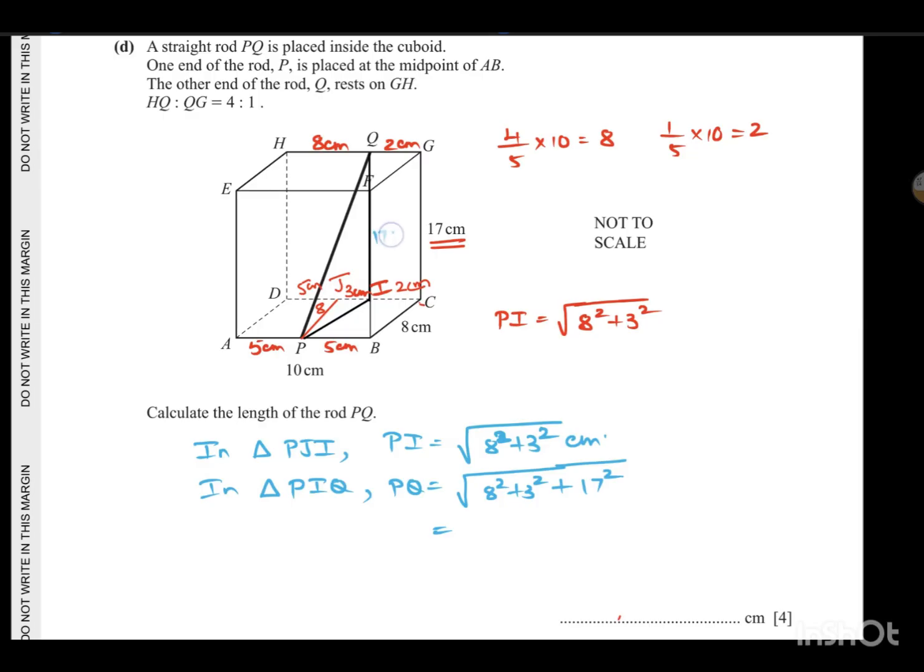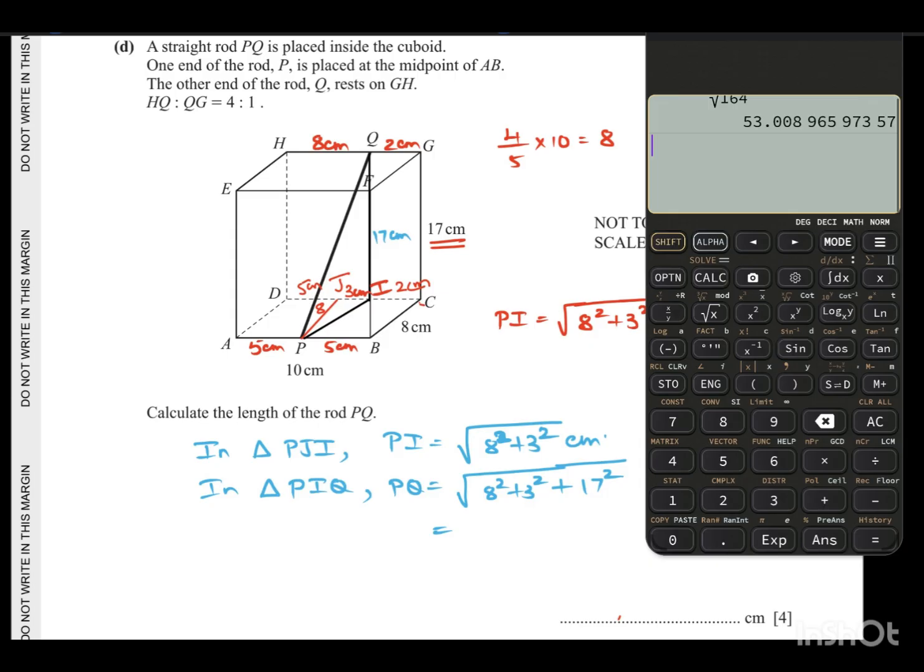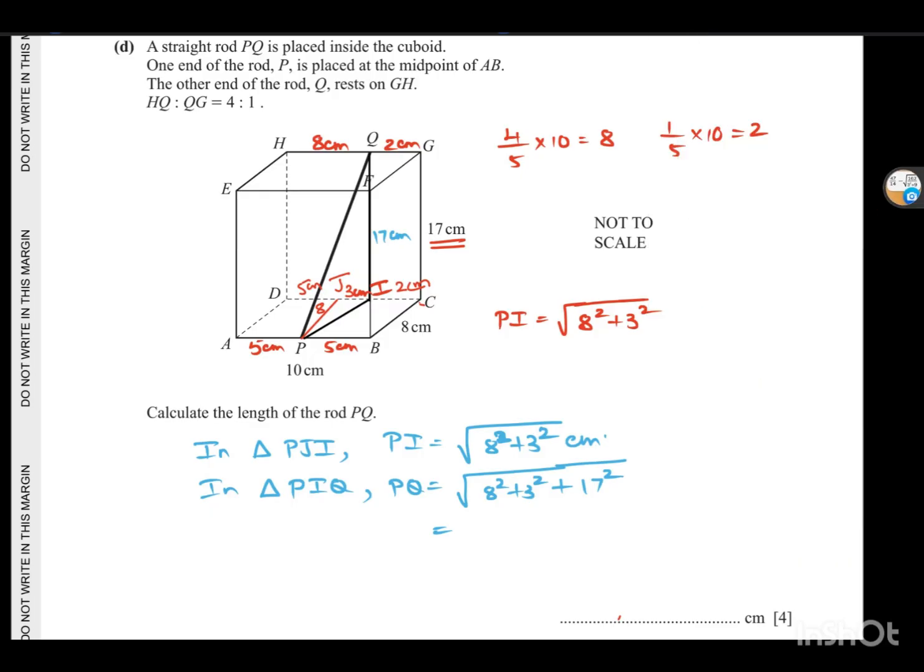This is 17. Use the calculator. Square root of 8 square plus 3 square plus 17 square, 19.026. 19.026 centimeters. So you can write it as 19.03 also. This is the answer for question number D.